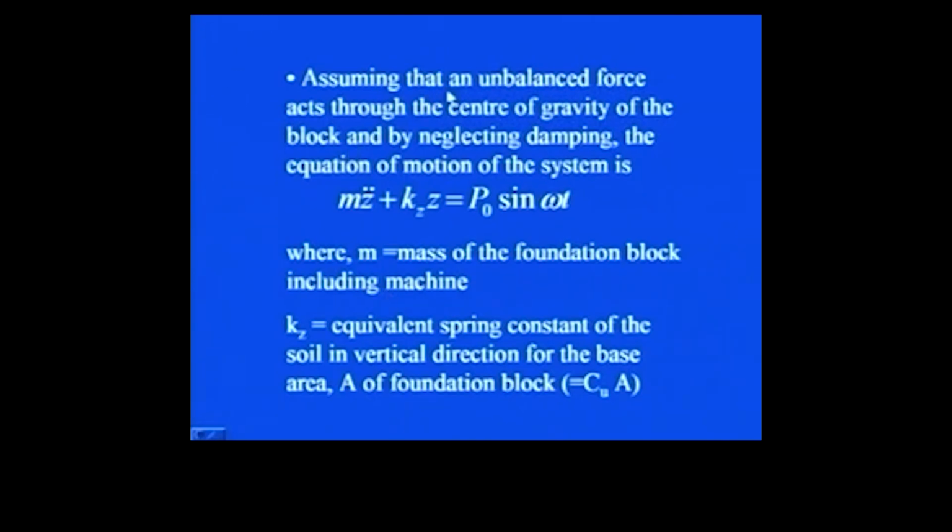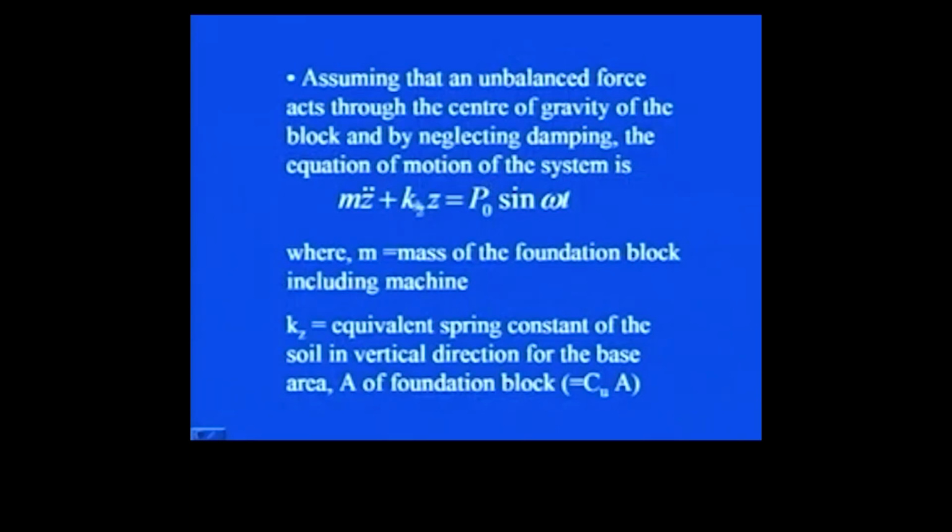So, assuming that an unbalanced force acts through the center of gravity of the block, and neglecting damping, the equation of motion of the system can be written as m z double dot plus Kz into z equal to P naught sin omega t. If you remember, in the very first lecture we discussed how we can get this equation, that is, the summation of all the forces is equal to the mass into the acceleration.